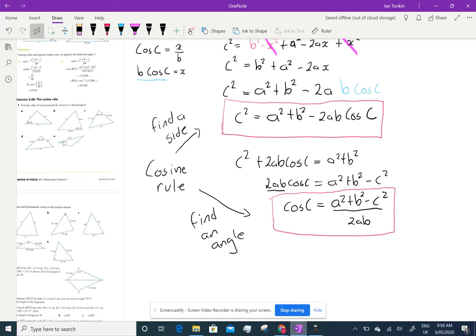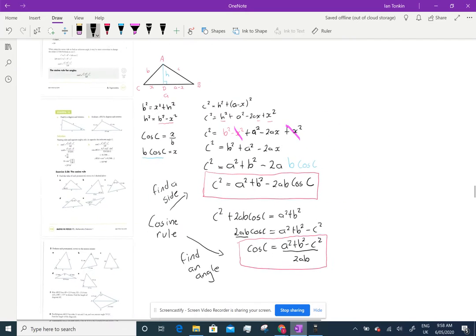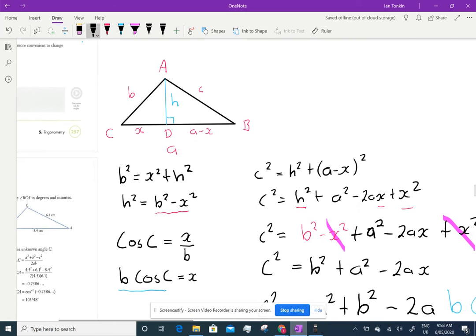So remember that A and B include the angle C. Look back up here. Look at our triangle and where we got it from. This is the angle in here. This is angle C, and B and A are the included angle. And the C is opposite. So you've got to remember what goes where. Otherwise, you're going to end up making mistakes.